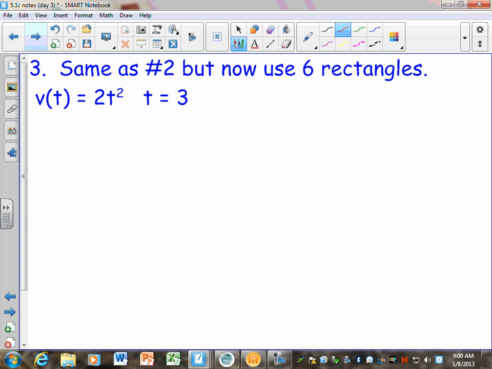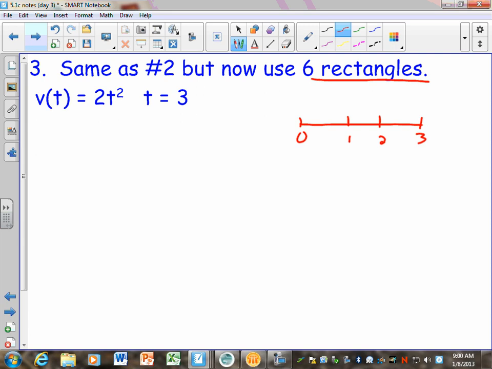So 6 rectangles, I'm still going from 0 to 3. That's totally not equal, but that's okay.